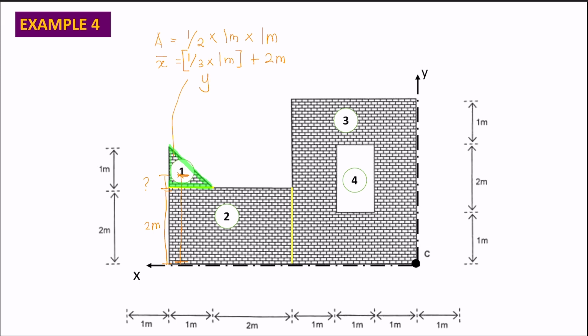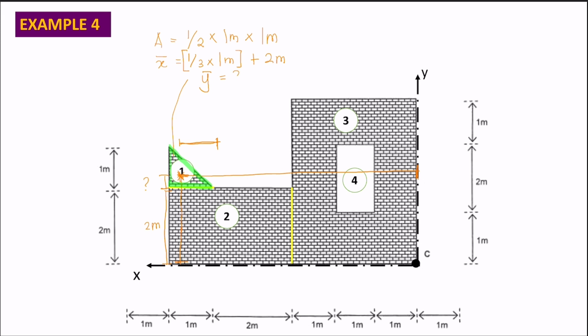Next, we need to find the Y bar. The distance is going to be from the centroid of the triangle to the y-axis. Let's draw the line from the centroid to the end of the triangle.